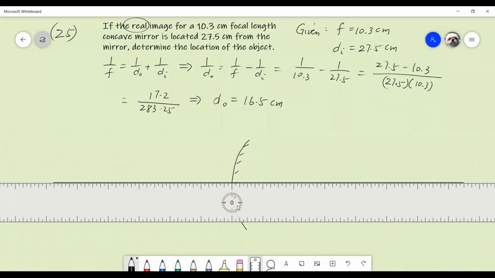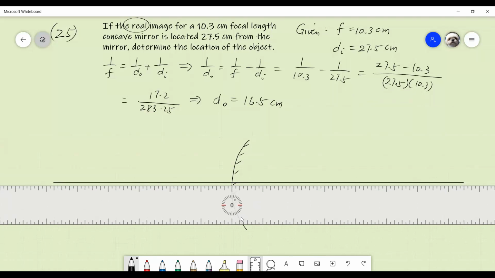Now I'm going to put it here. Good. Okay, 1, 2, 3, 4, 5, 6. That will be my center of curvature, right?